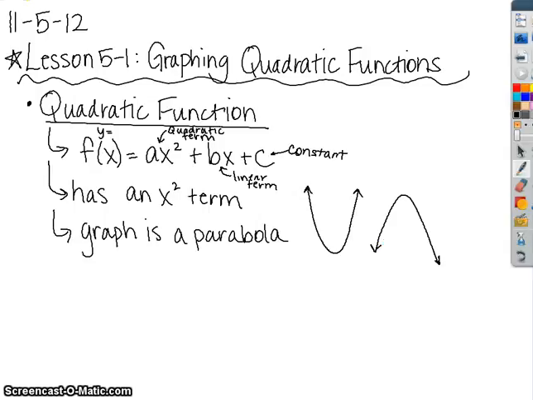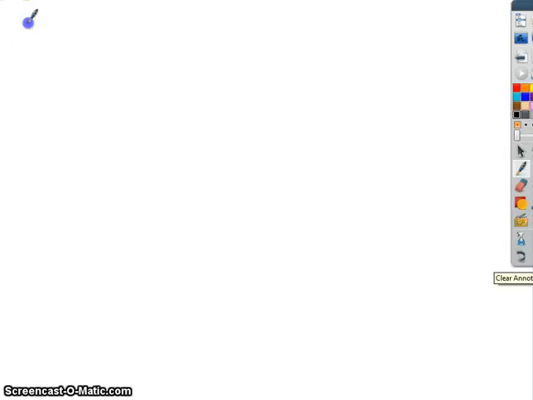A couple more things to consider before we get some examples. Let's take a look at this standard form, and I'll tell you a couple of things we can look at just from the equation. So y = ax² + bx + c.